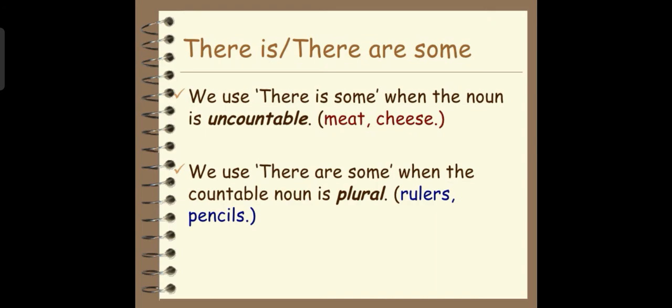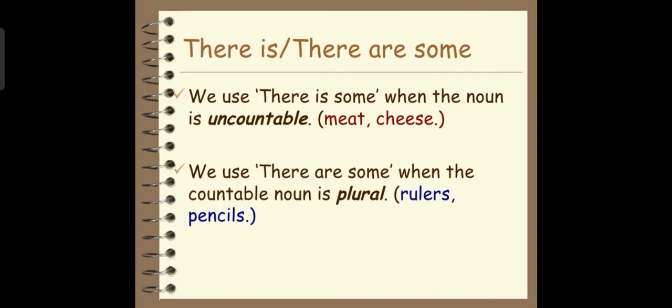इसका मतलब जब हम किसी अनकाउंटेबल नाउन से पहले देयर इज सम सिंगुलर फॉर्म यूज करते हैं, देन इट मीन्स इट इज अनकाउंटेबल. Like meat, we can't count meat, so we are using there is some meat. We can't count cheese, so there is some cheese, because we can't count them.